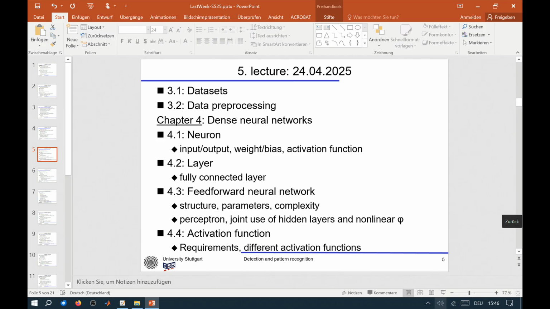For example, if you collect your own data set, you need data cleaning. This step is typically not required if you work with MNIST, fetching MNIST, and so on. But still, you need to be aware of, for example, data splitting: the whole data set is split into a training subset, validation subset, and test subset.